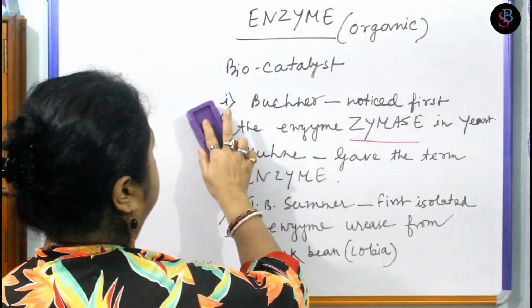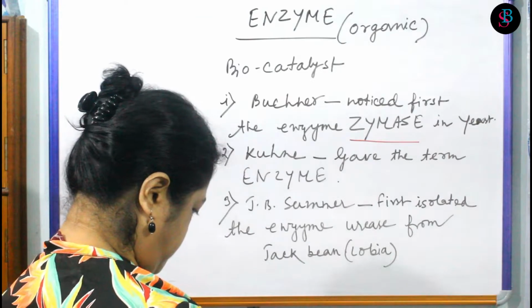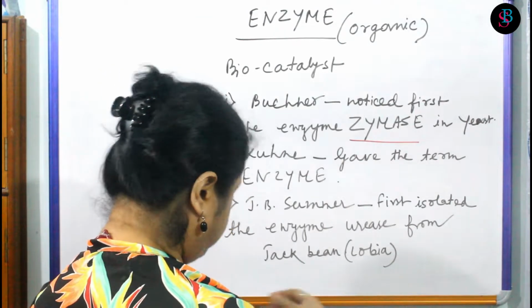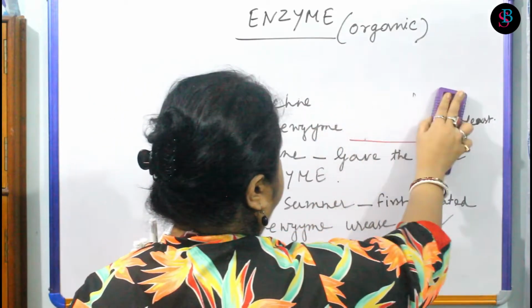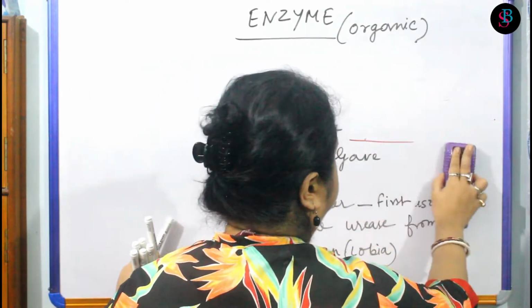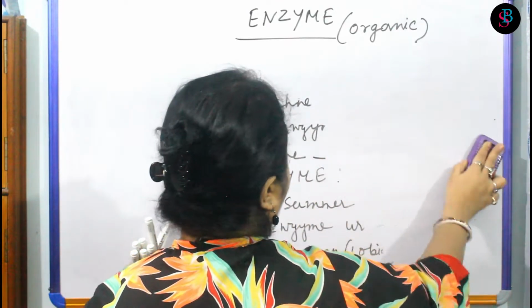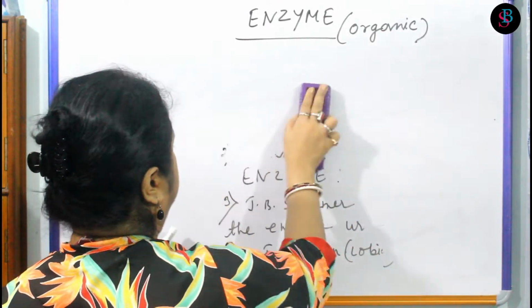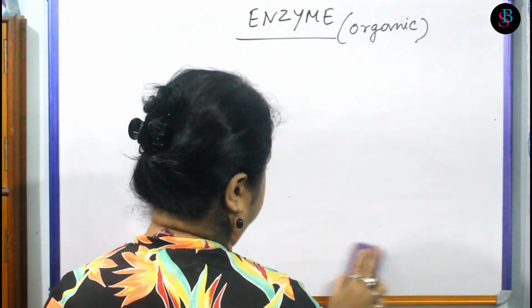Now I am starting the nature of the enzyme. That's what's the basic nature of the enzymes. First thing is that it's made up of protein.